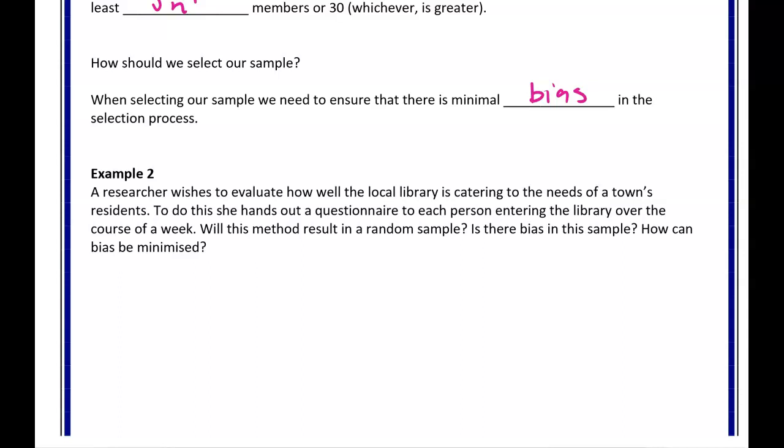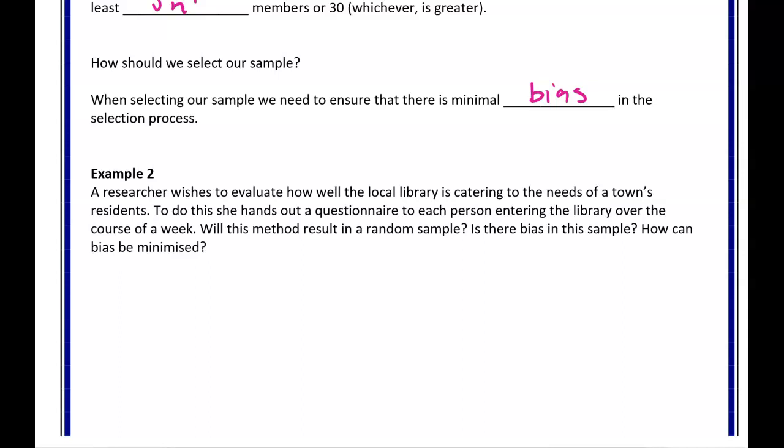If we wanted to know what students thought about maths, it wouldn't be good for me to select you guys, because you would just say it's all awesome, and we've got Mrs. Kondo, who's absolutely brilliant. So we all love maths. But that would be a biased sample, of course.